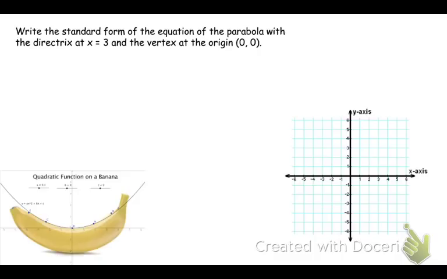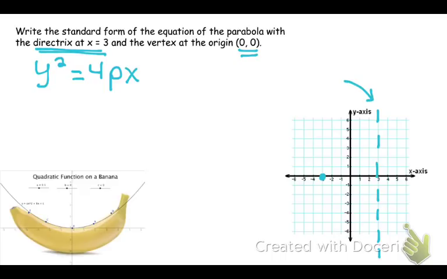In this example, they didn't give us the focus, they gave us the directrix, and it's x equals 3. We know that x equals 3 is a vertical line that goes through 3. So that means our focus is going to be (-3, 0). It says the parabola goes through the origin. Now we're going to start to write our equation. We're going to use the form y squared equals 4px because our directrix is x equals 3, so it's going to open left or right.